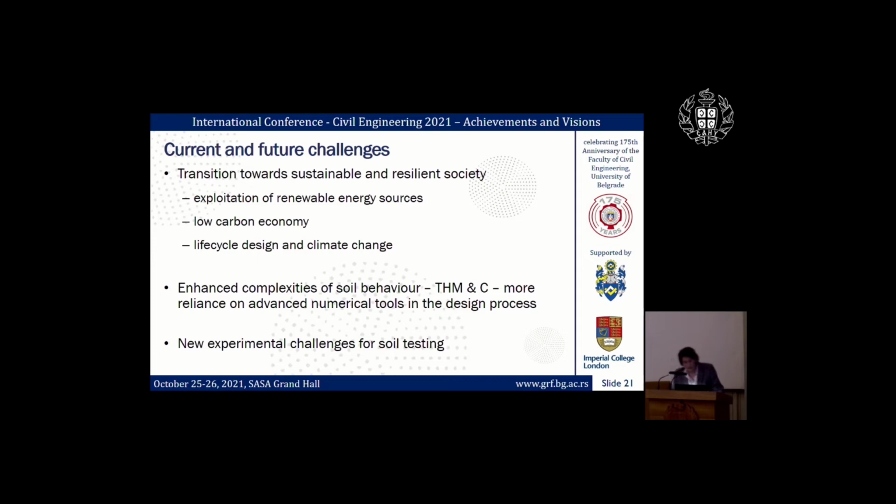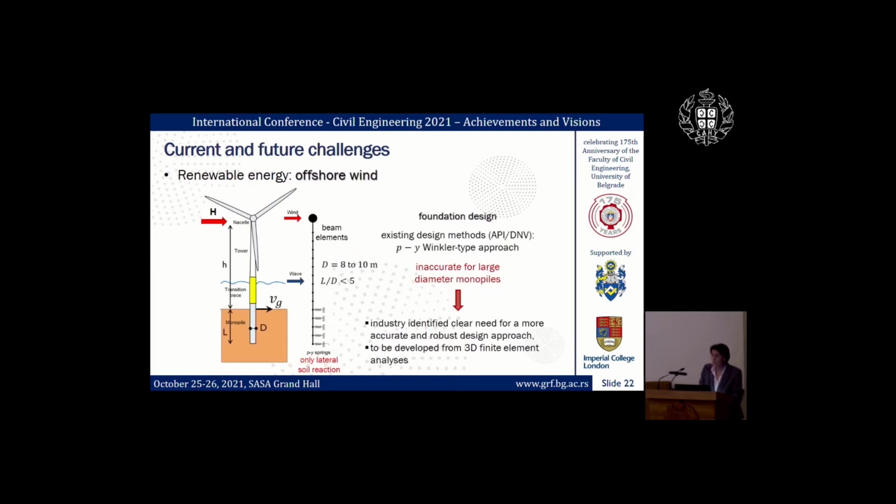So I will again just give a couple of examples before I stop of what may be achievable and where we are moving to. So looking at renewable energy, one of the main sources, at least in the UK and in Germany and Holland, wind energy, offshore wind in particular, is a very hot topic.